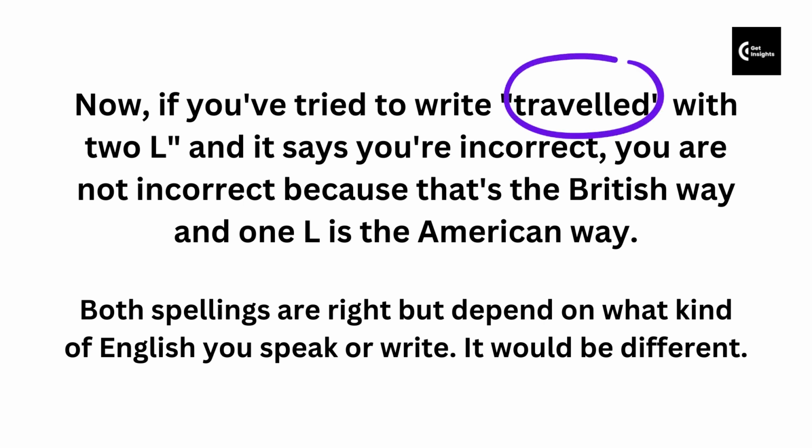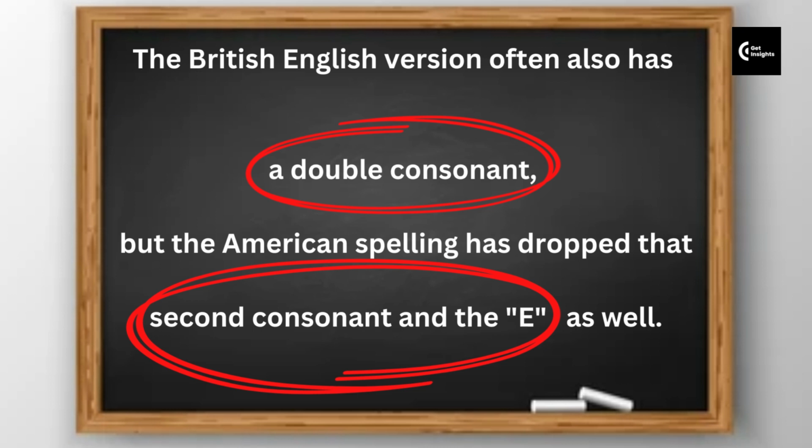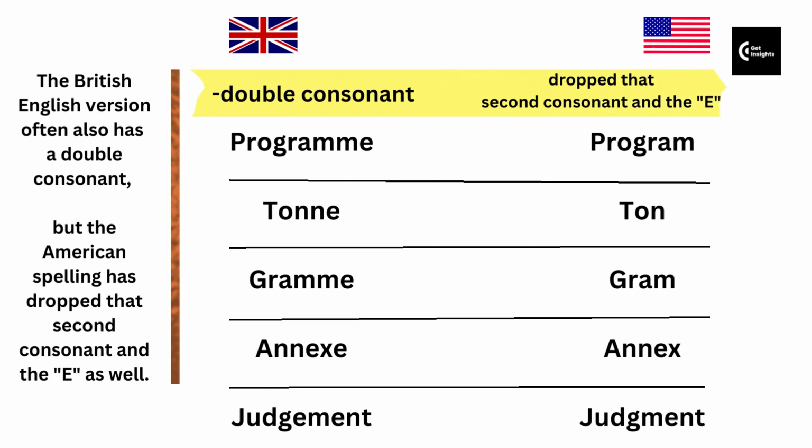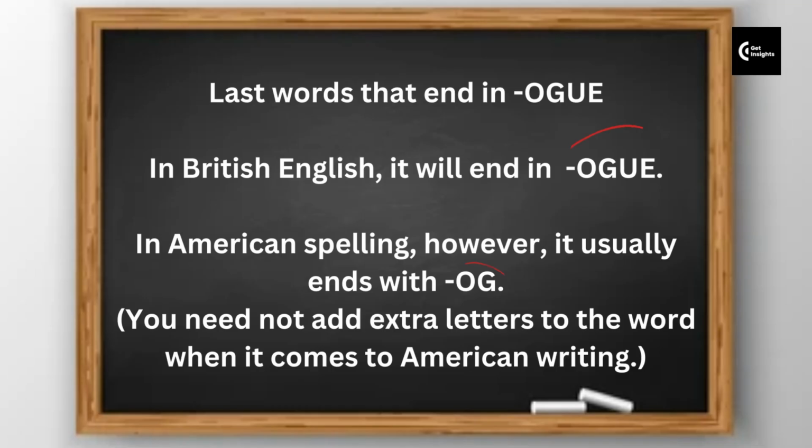It would be different. The British English version often also has a double consonant. But the American spelling has dropped that second consonant and the E as well. For example, program, ton, gram, annex, judgment.